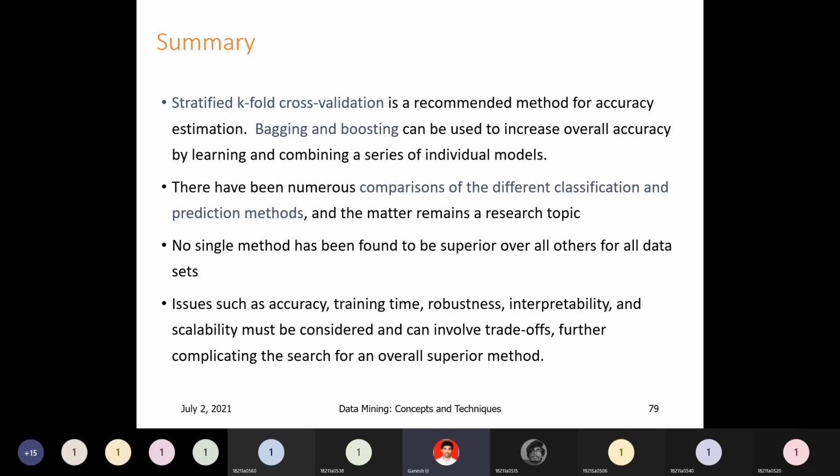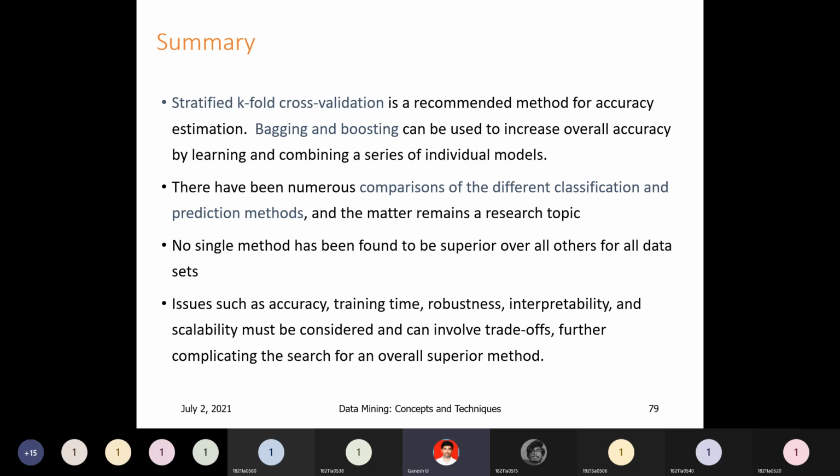In a single method, you can find training time is good and accuracy is good, but it does not satisfy robustness or scalability. Like that, some features it satisfies, and some features it may not satisfy. So that's why it can involve trade-offs.